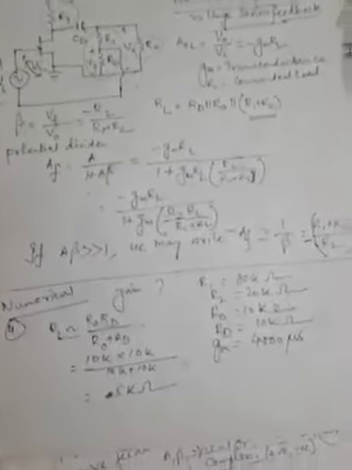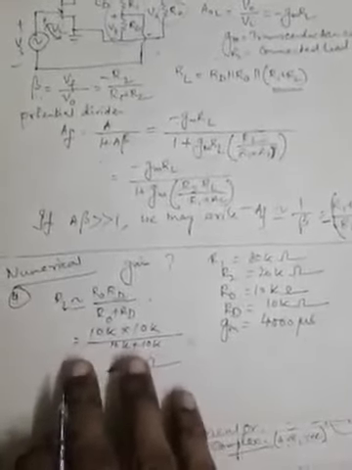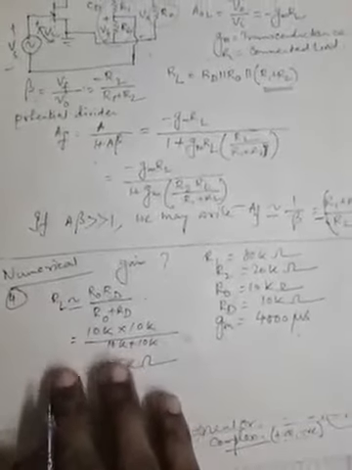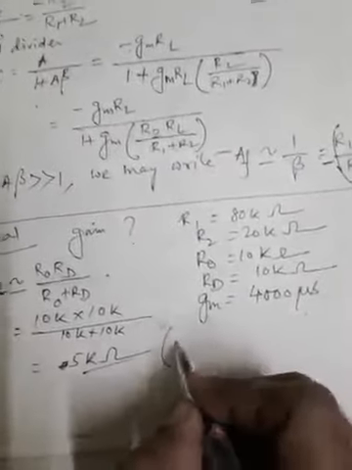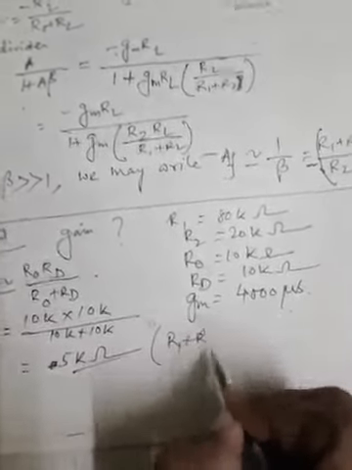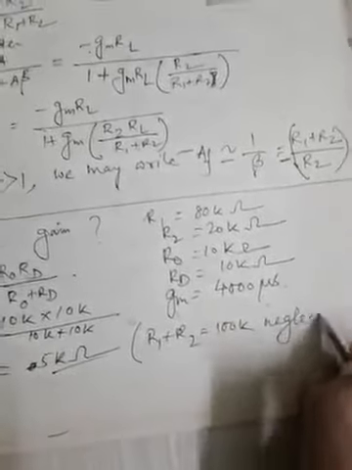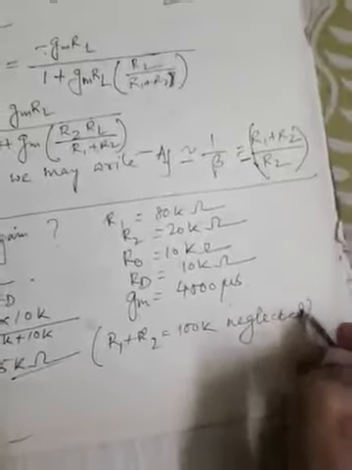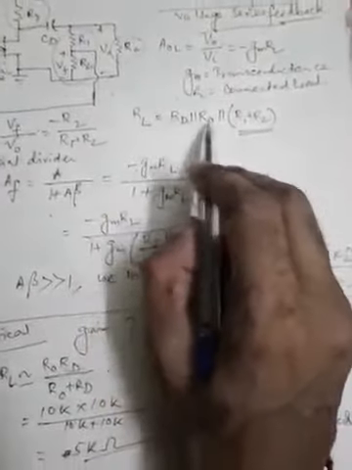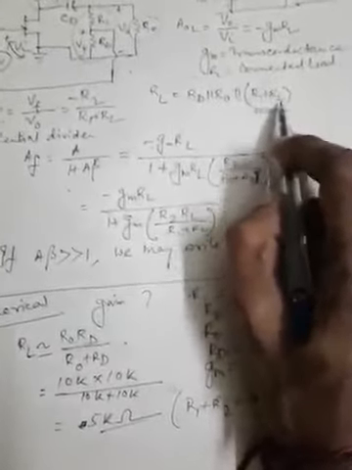Now if we neglect the 100 kilo ohm resistance of R1 and R2 in series, then only we can find RL equal to 5 kilo ohm, because you know RL is RD parallel RO, which is done here, but neglecting parallel with R1 plus R2.